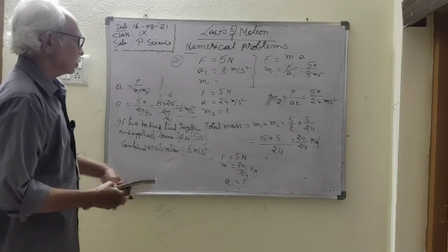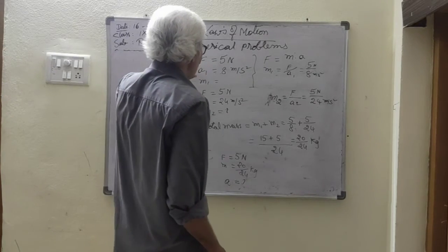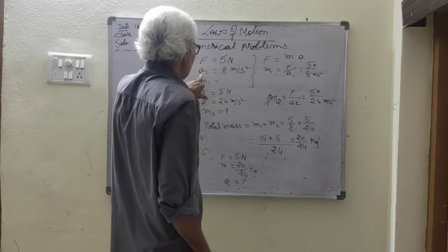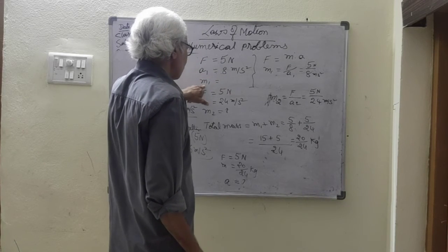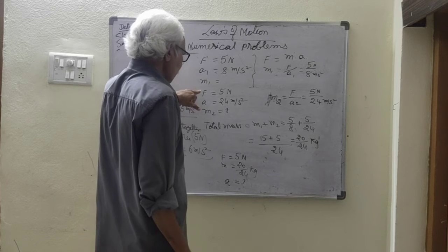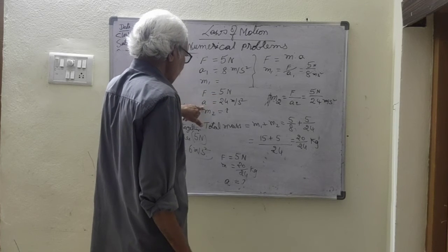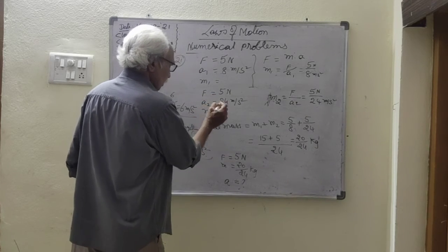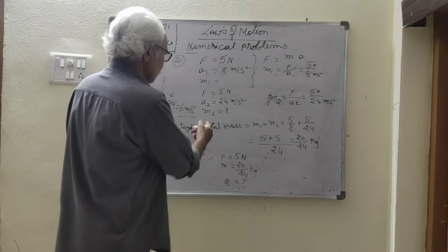This is the answer. Here is the first body, force applied 5 Newton, acceleration 8 meter per second square, mass is m1. The second body, the same force applied 5 Newton, acceleration a2 is 24 meter per second square, mass is m2.